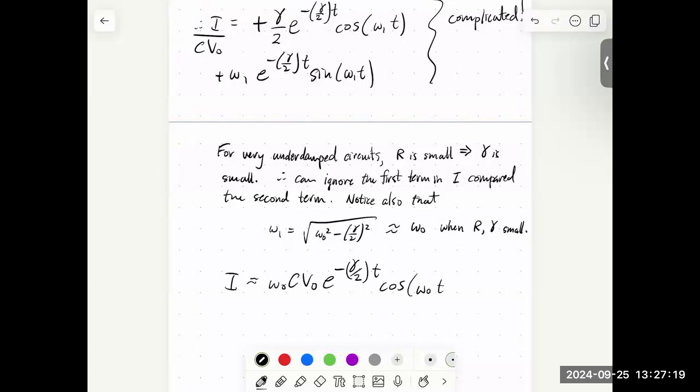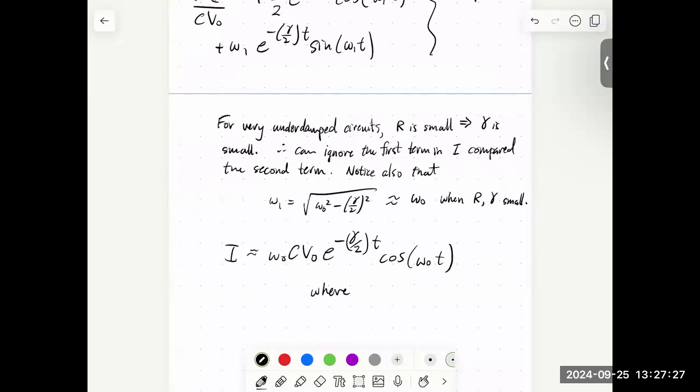And I'll again change the omega 1 to omega naught. And so now all we have to remember is that gamma is equal to, it was R over L, right? Yes, gamma is R over L. And omega naught is equal to 1 over square root of LC.